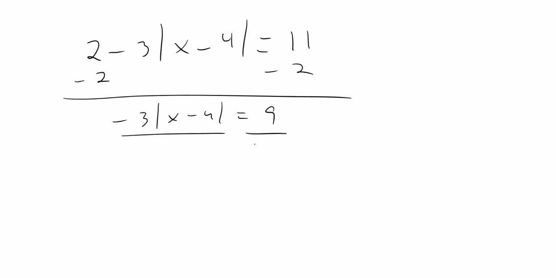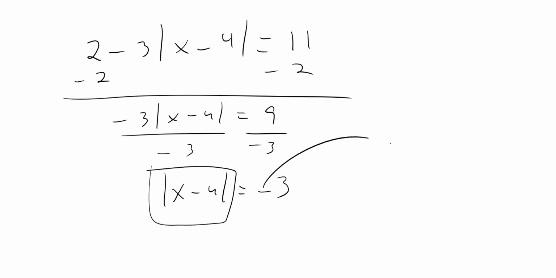Divide both sides by negative 3. So absolute value of x minus 4 equals negative 3. Okay, you should stop right away because what? I have isolated that absolute value and it's equal to a negative. It's impossible. There's nothing you can take the absolute value of that will give you a negative 3. So the answer to this problem is no solution.